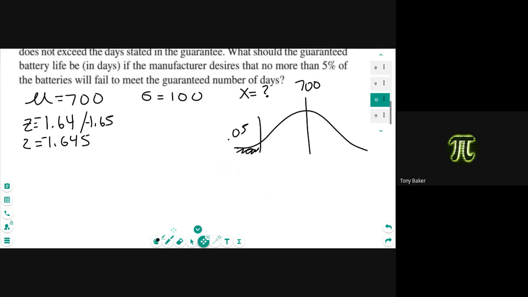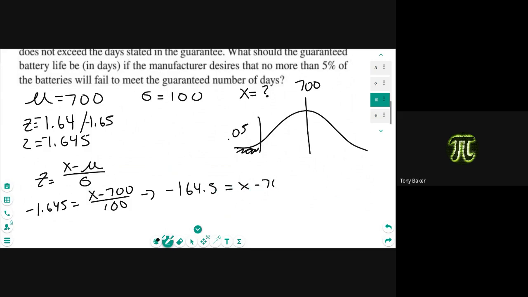All right, so find me my x. Huh? 864. Negative 164.5.